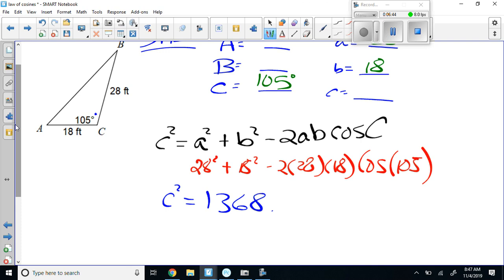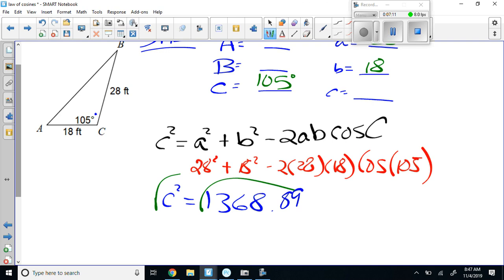Okay, but we're right here. So this ain't a final answer, is it? Nah. Just make sure you go to two decimal places so it doesn't throw as much error in. Now what do we got to do to this 1368.89?